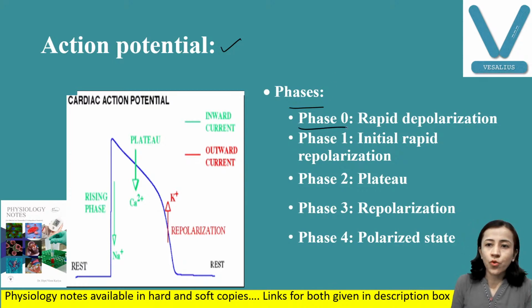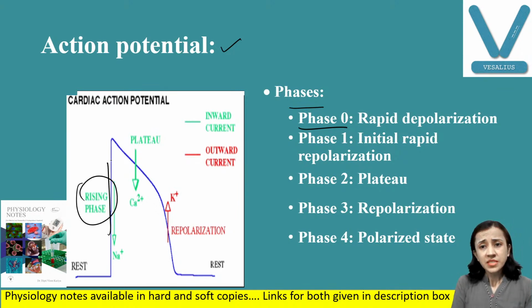Phase 0 is the phase of rapid depolarization, the rising phase. Then phase 1, slight initial rapid repolarization. Then phase 2, the plateau phase. Then phase 3, rapid repolarization, and phase 4, again the resting, polarized state.